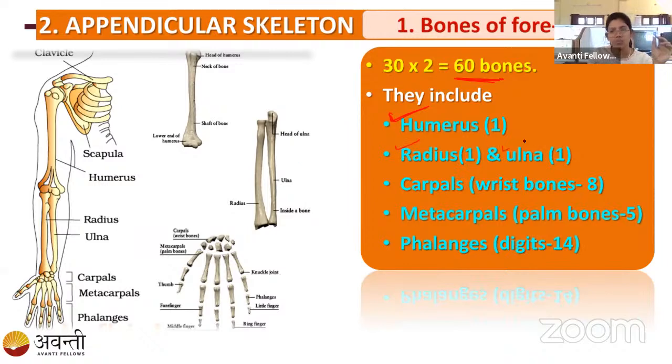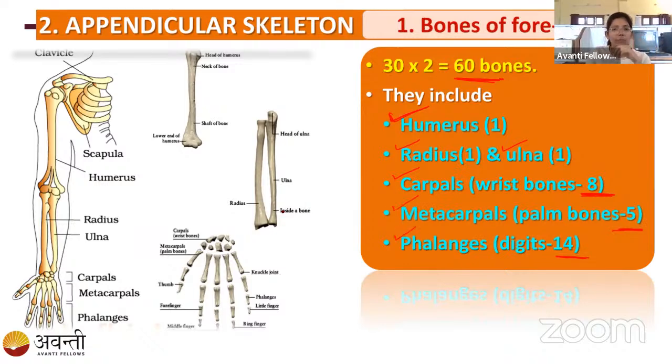Along with that, a smaller one, the ulna. And to pull the car, we have the carpals. What is the total number of carpals? 8. Just to remember, I'm saying, don't write the same thing in the exam. To pull a car, we need a carpal. Carpals, and above that, 5 metacarpals, one for each finger. And the total 14 digits, that is the phalanges.